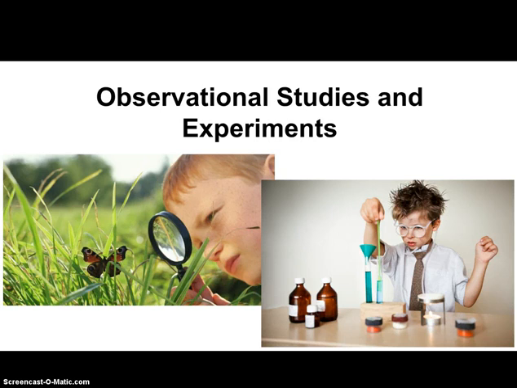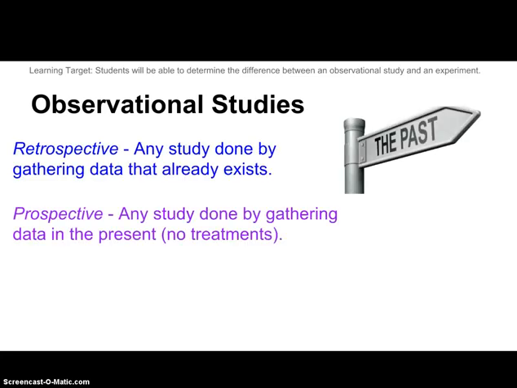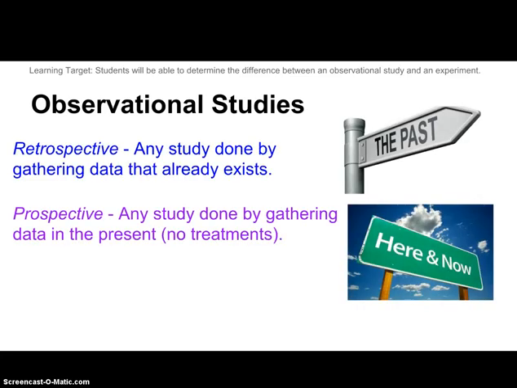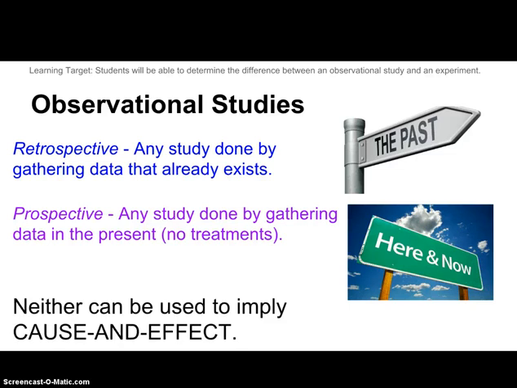So if you're just taking data and you're not actually putting any treatments on, that's called a prospective observational study. Now the interesting thing about these studies is that you cannot imply cause and effect. So any type of observational study cannot be used to say that one variable causes the other.